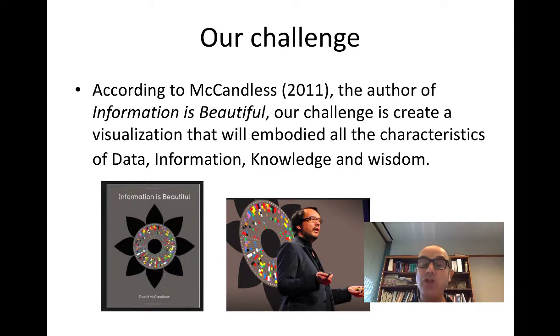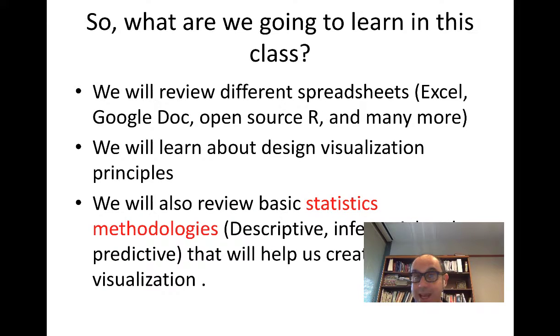And this is not only in our class, it is a challenge for all people involved in visual analytics: to create a visualization that will embed all the characteristics of data, information, knowledge, and wisdom, so that the people who see it will make more sense out of the data.